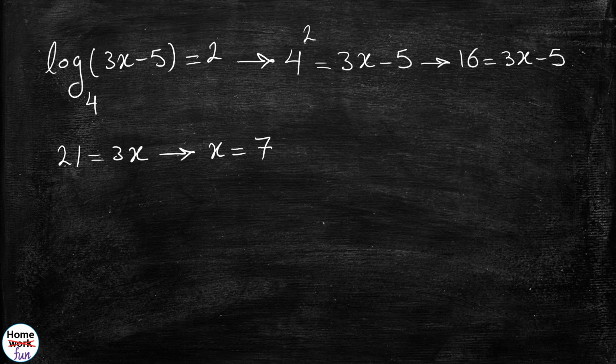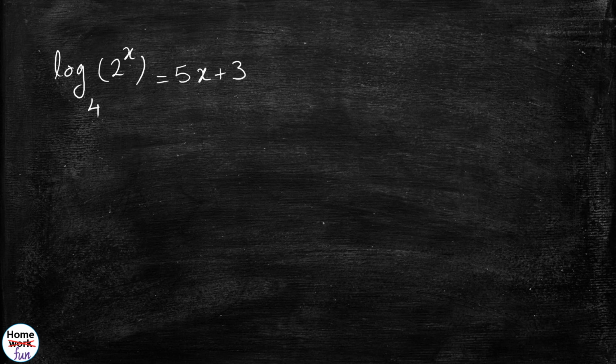Let's see another example. Find x. Again, using the definition of logarithm. 4, the base of the log, 4 to the power of the answer of the log, which is 5x plus 3, must equal what's in front of the log, which is 2 to the power of x.